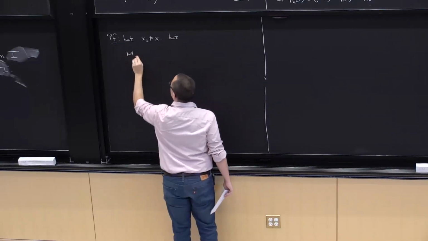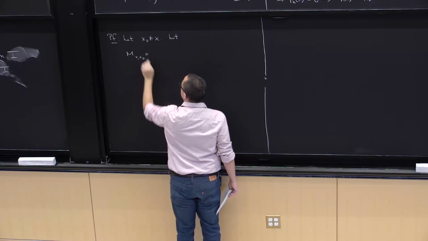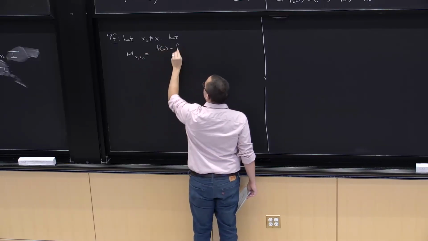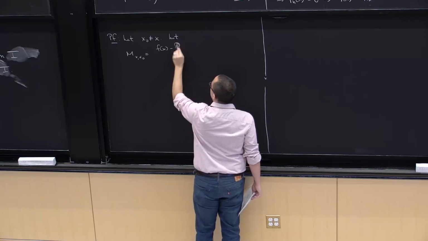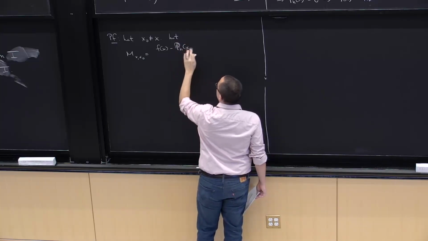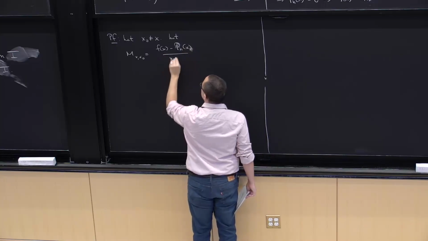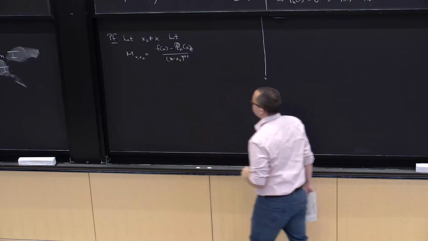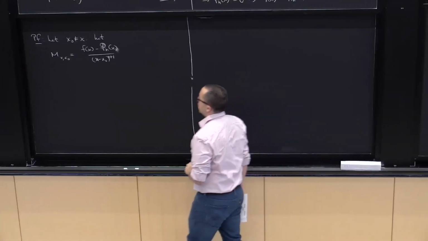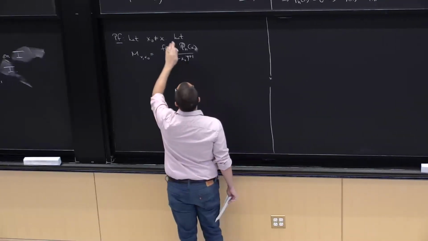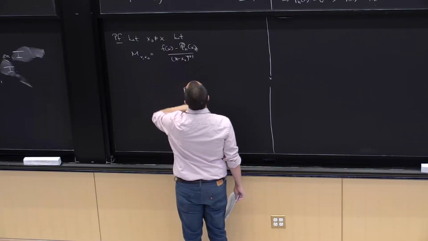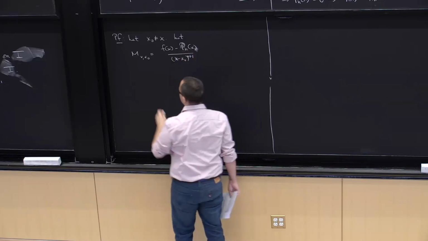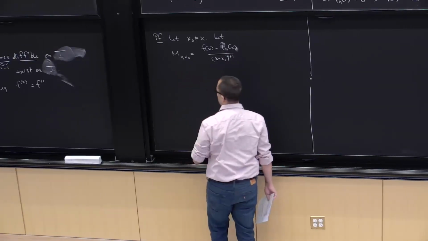Now let M be, so this is just a number depending on x and x0, f of x minus p sub n of x over x minus x0 to the n plus 1. Okay? So p sub n is again the Taylor polynomial of degree n. So this is just a number depending on x and x0.